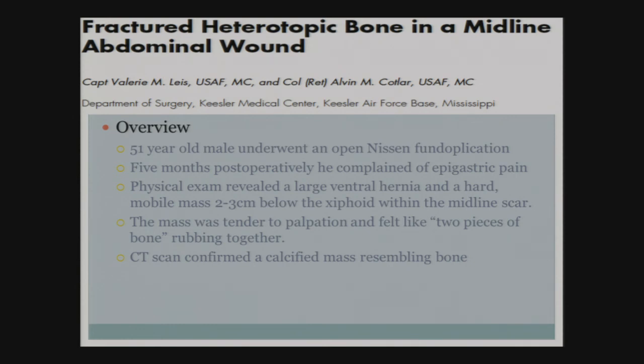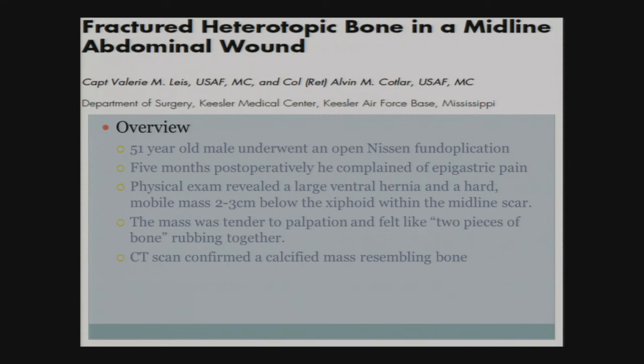This third case report was out of the Air Force Base in Mississippi, published in 2011, titled Fracture of Heterotopic Bone in a Midline Abdominal Wound. Their patient was a 51-year-old male who had an open Nissen fundoplication. He presented back to them 5 months postoperatively complaining of epigastric pain.